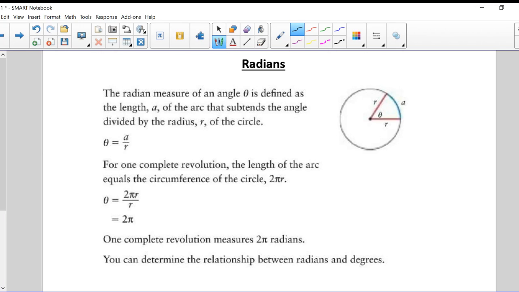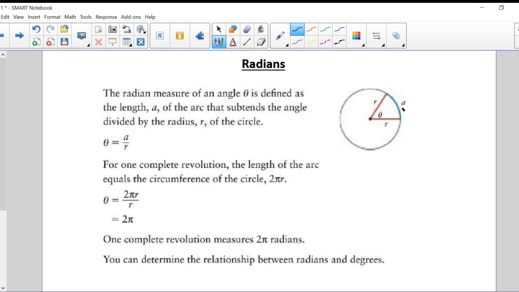So what we're really doing is we're measuring the size of the angle in terms of the size of this distance along the edge of the circle. And every time we have another radius, we're going to call this a radian.